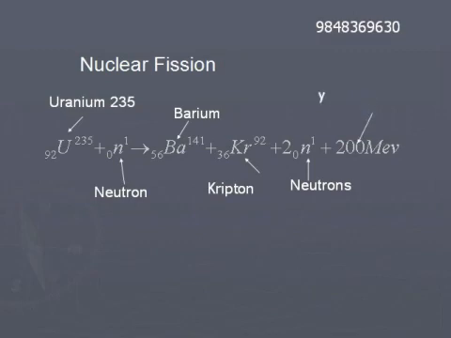Sometimes 2 neutrons are emitted, sometimes 3 neutrons are emitted. In general, the process of breaking up of a nucleus into 2 or more equal fragments is called fission.